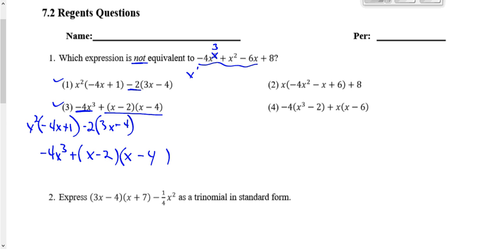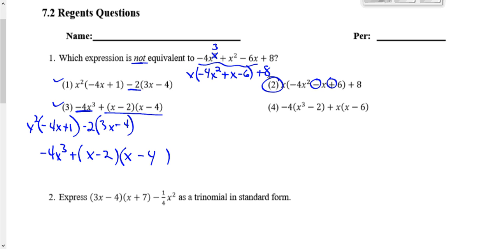If they factor out an x, what's left? Minus 6 plus 8, isn't it? So that's the one that's not equivalent, right?